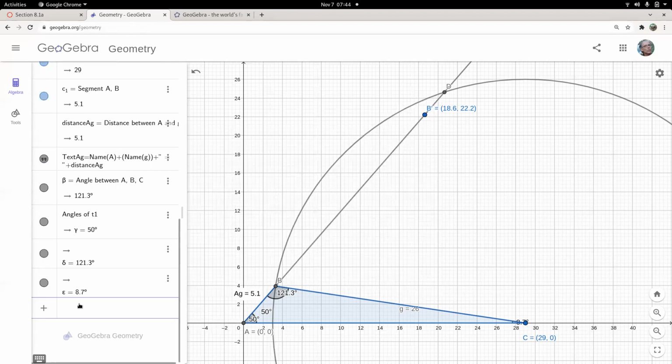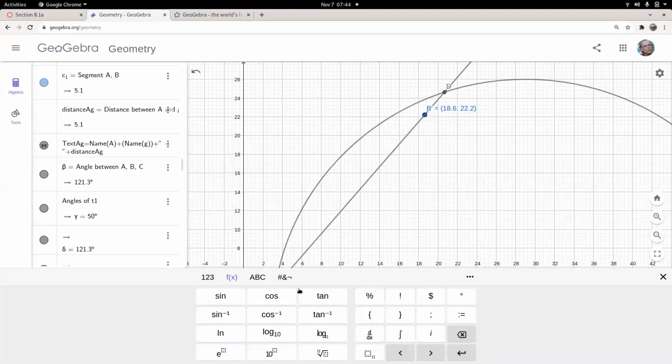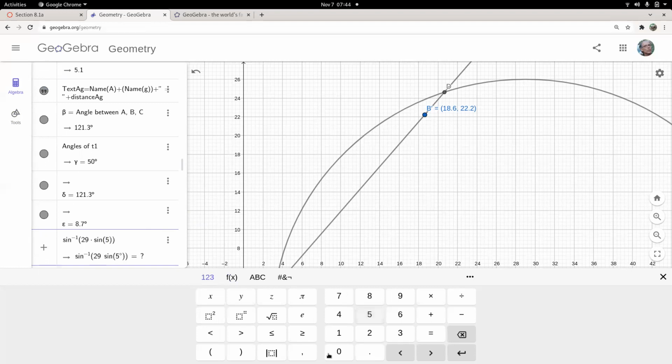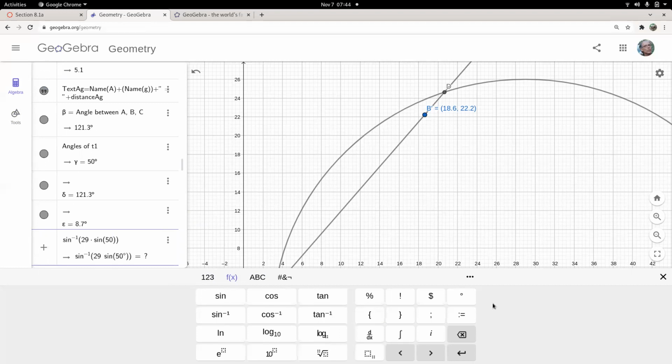The result of that, I'm sure you can write that down on your own, would be that my angle is going to equal the arc sine, or the sine inverse. Actually, let's use their sine inverse function. The sine inverse of 29 times the sine of 50. They put the degrees in there, but sometimes I put it in just to double check. 50 degrees.